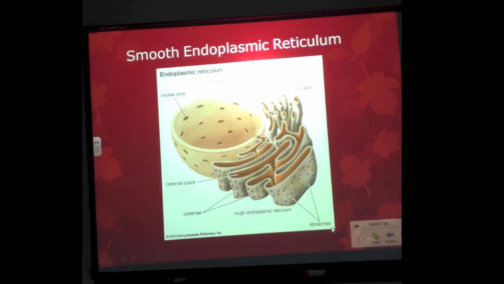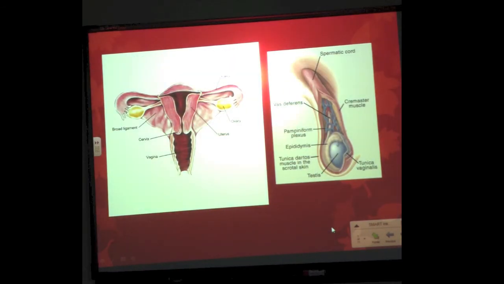The main function of the smooth ER is the synthesis of lipids such as fats and carbohydrates such as sugars and metabolism, and the detoxification of drugs and other toxins. The smooth ER and the rough ER are separate and are not joined together. The smooth endoplasmic reticulum is involved in the synthesis and transport of fatty molecules such as steroids and lipids.